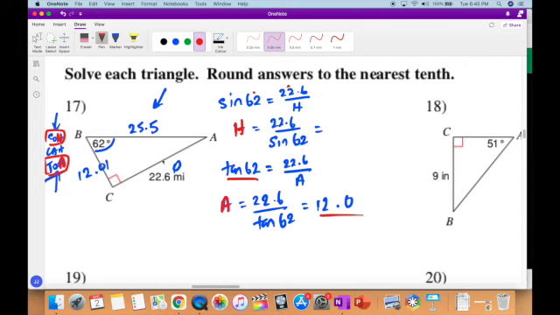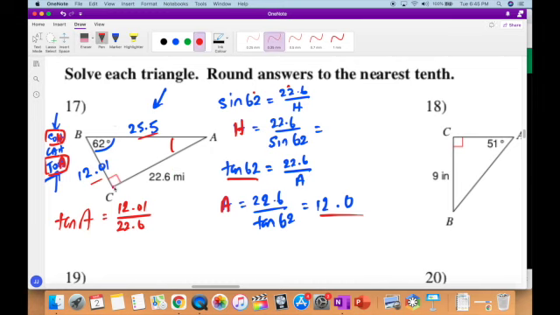So let's see how could we get this angle over here. What do you think we should use for this angle? We'll have to use one of these. So let's just say opposite over adjacent. Let's use tan. So the tan of the angle A is opposite, which is 12.01, over adjacent, which is 22.6, and I wrote opposite here, by the way.